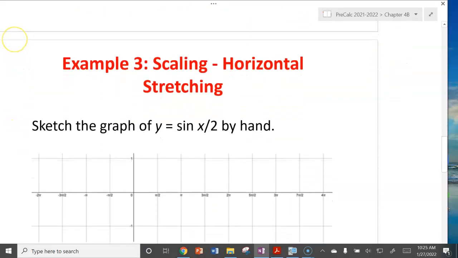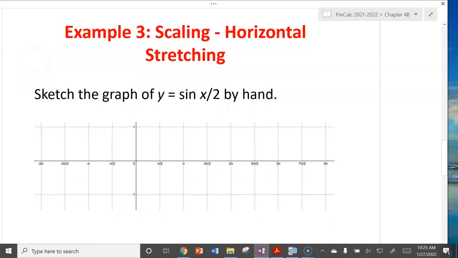All right, so we've done some scaling vertically. Now we're going to do a horizontal one. And notice that's happening right here, inside the sine function. Again, y equals d plus a sine of bx minus c.